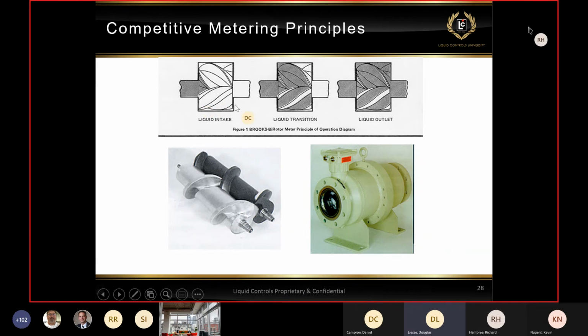So in this case, the product comes in, it goes into these vanes, turns the vanes and comes out to the other side. Again, it's used in light products, but when it starts to have any viscosity, then it also has problems with pressure drop and causing these rotors to fluctuate.